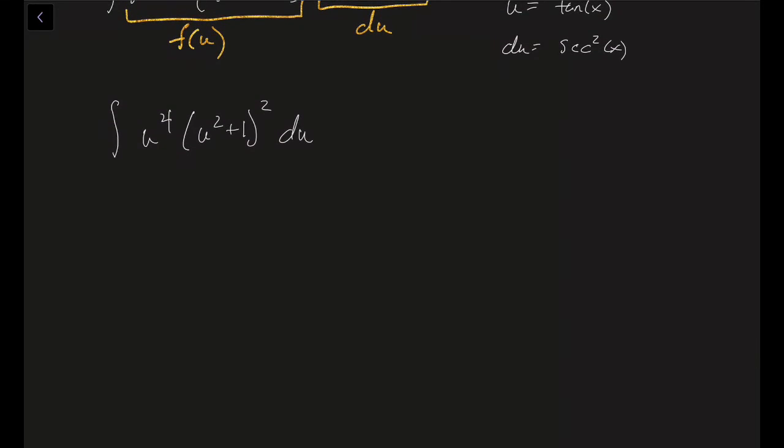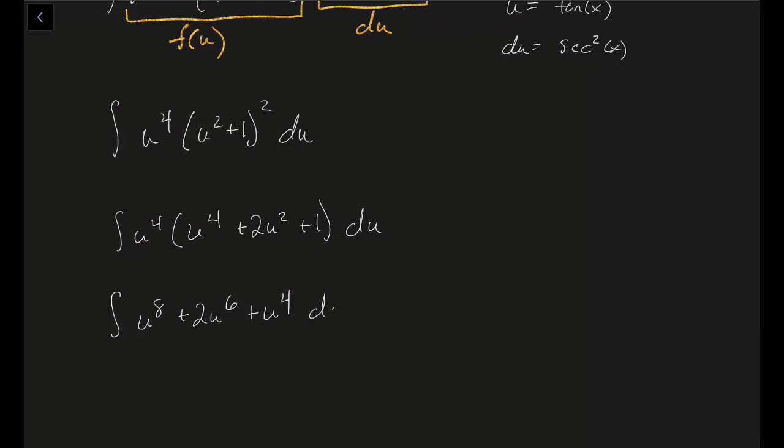So we can go ahead and FOIL it out. So we get u to the fourth times u to the fourth plus 2u squared plus 1. Multiply it out: u to the eighth plus 2u to the sixth plus u to the fourth. And we can actually integrate it right from here. It's just power rule, plus 2 power rule, plus power rule.